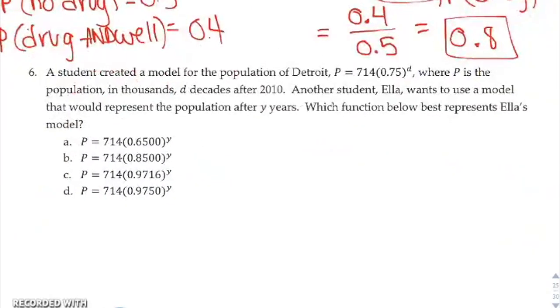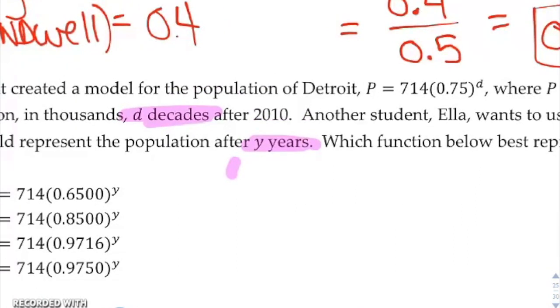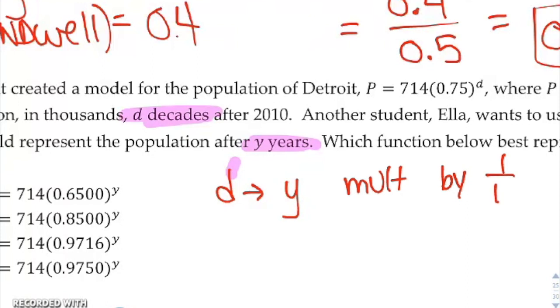Okay, let's look at the next one. A student created a model for the population where P is the population in thousands, D, decades. That's going to be important, okay? Another student, Ella, wants to use this model to represent the population after Y years. Now, the first thing that I'm thinking is to go from decades to years, you are going to have to multiply by 1/10.